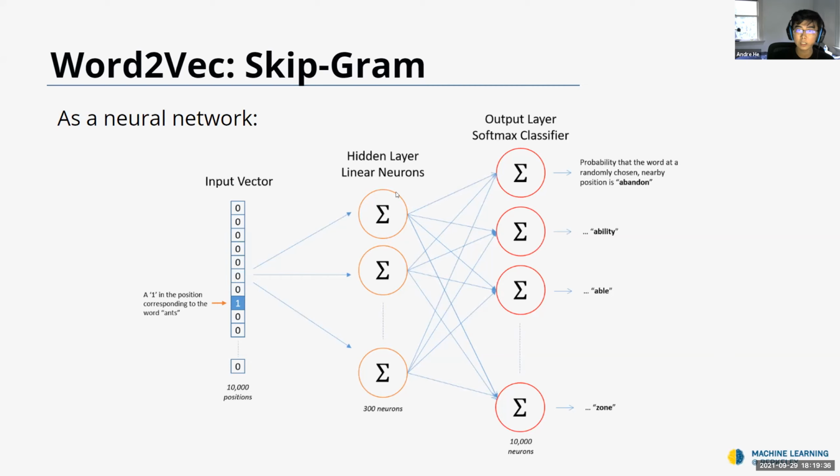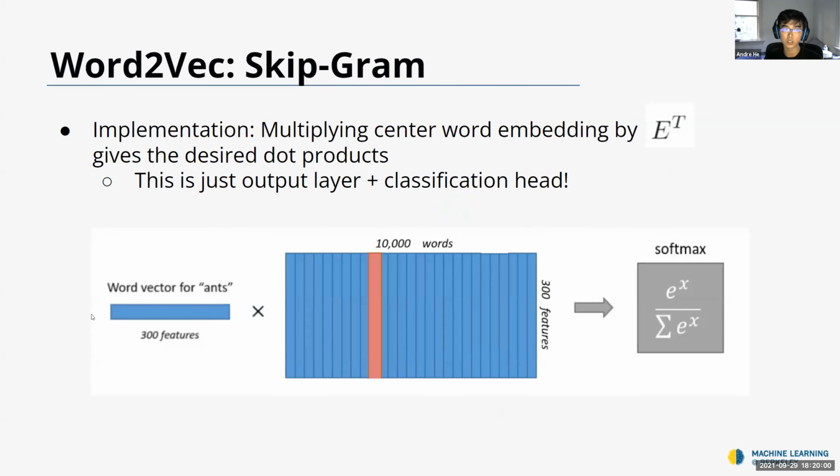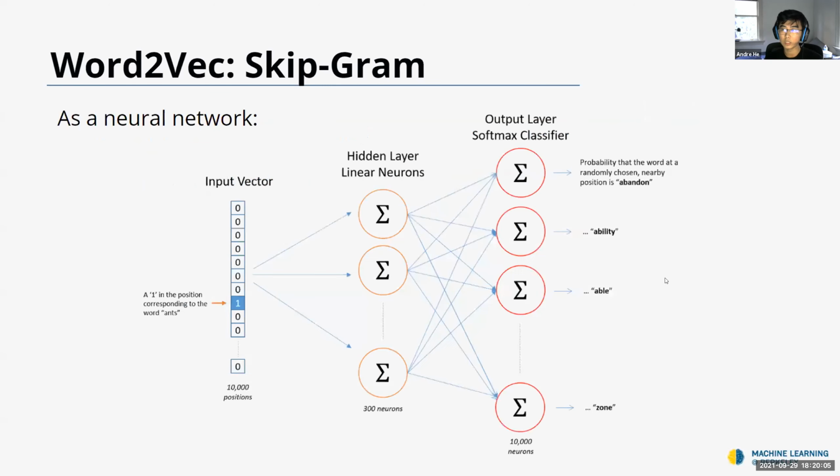So if you feed in ant, the first neuron in the hidden layer, if you multiply by the word embedding matrix, will be the first entry of the word embedding for ant, and the second one will have the value of the second entry in the word embedding of ant, and so on. So at this point, the hidden layer just encodes the word embedding for ant, and multiplying by E transpose will get you the predicted probabilities of other words being in the proximity of ant. So that's why the weights here can be represented as E transpose.